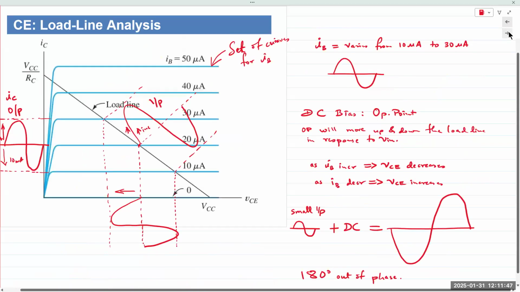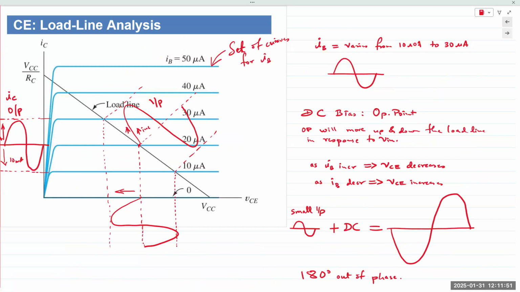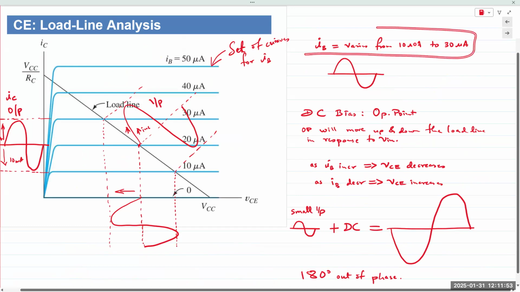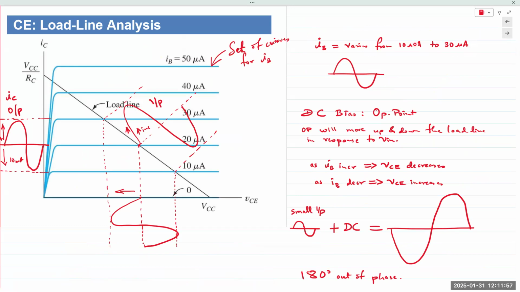So let's say IB varies from 10 microamps to 30 microamps, okay? And all of these annotations are already available at your end. So I copied them over so we can go at a slightly faster pace. So this is a sinusoidal waveform, and IB is basically a sine wave going from 10 microamps to 30 microamps.